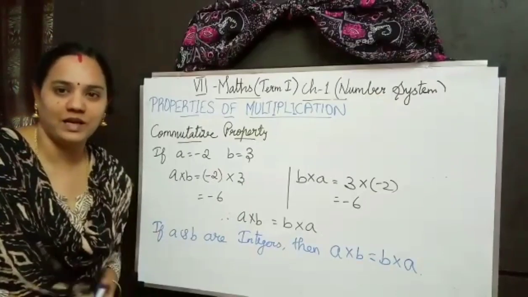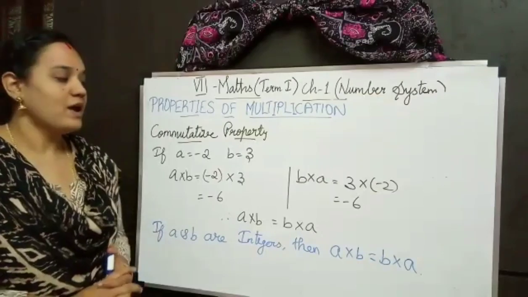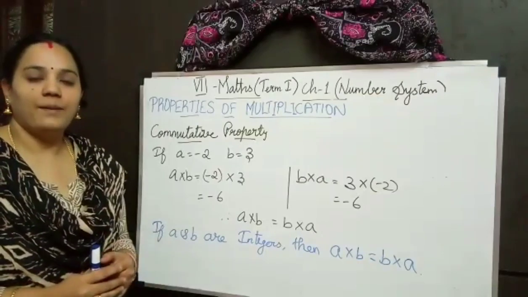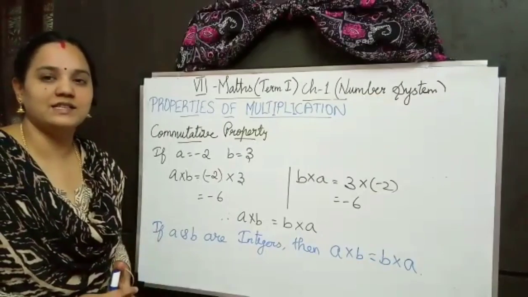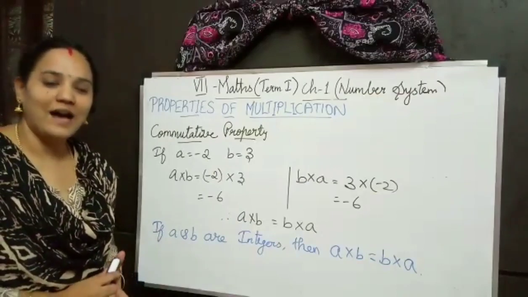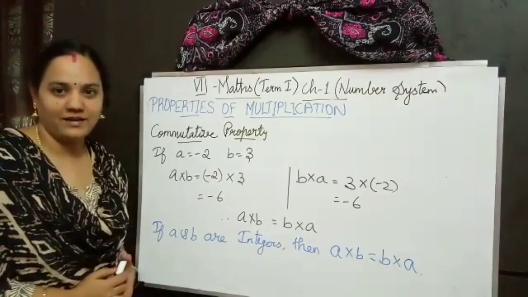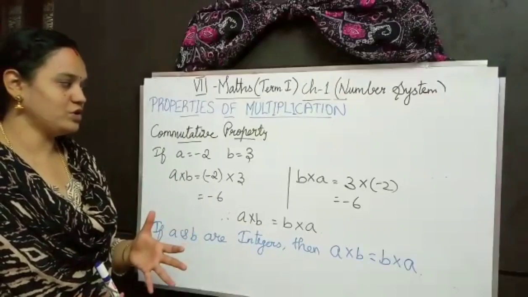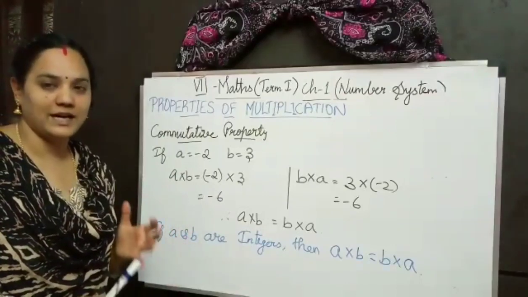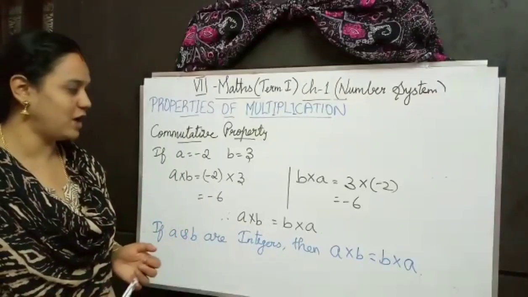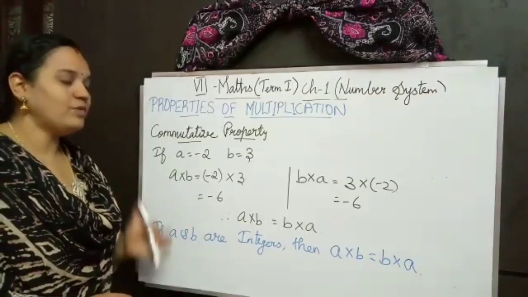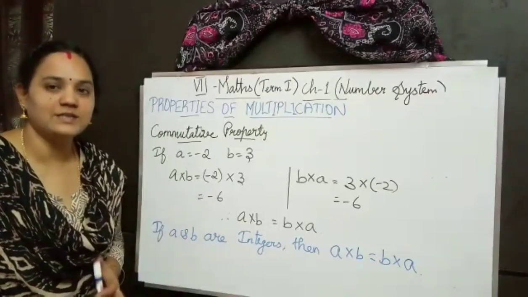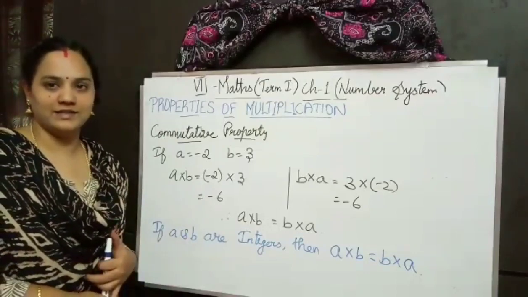Product means multiplication, so we can say it like that. Is it clear? So closure property is satisfied by multiplication of integers, and now we proved that commutative property also is satisfied by multiplication of integers.